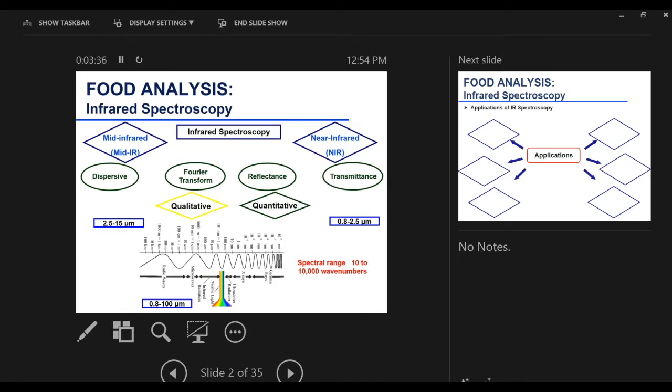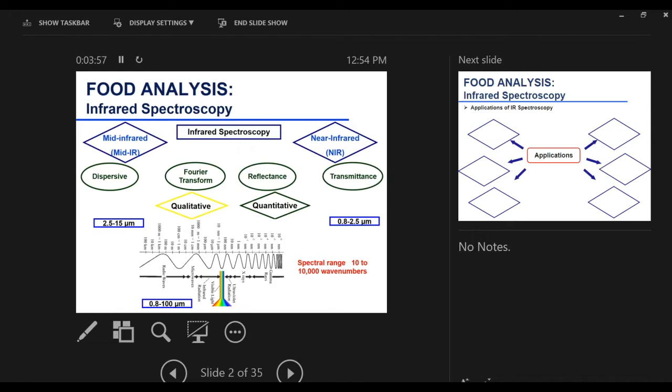Okay, so there are different instruments and tools for mid-IR. Some are based on dispersive instruments, some are Fourier Transform, and some are reflectance, some are transmittance. So we will be talking about the different types today. And with these different types, you can do qualitative or quantitative analysis.